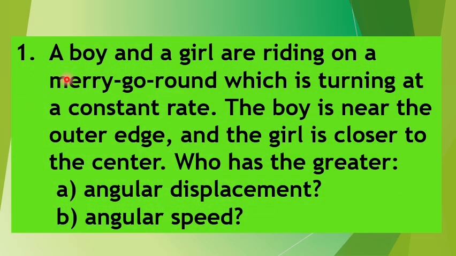Question number 1. A boy and a girl are riding on a merry-go-round which is turning at a constant rate. The boy is near the outer edge and the girl is closer to the center. Question is, who has the greater, letter A, angular displacement, letter B, angular speed?